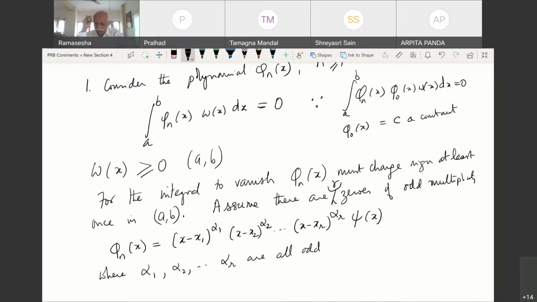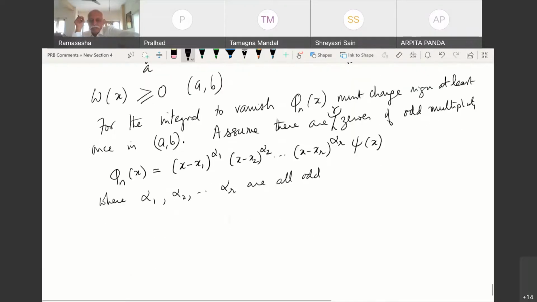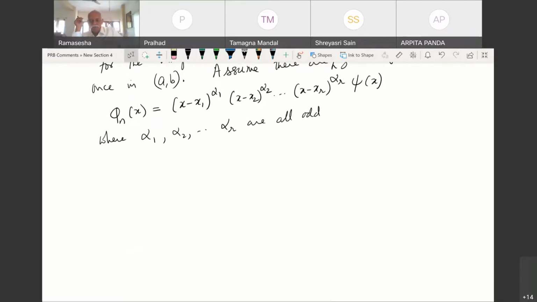It cannot be x minus x1 squared, because then it won't change sign at x1. Okay, is this clear? Yes. So what is the degree of the polynomial psi? N minus r.